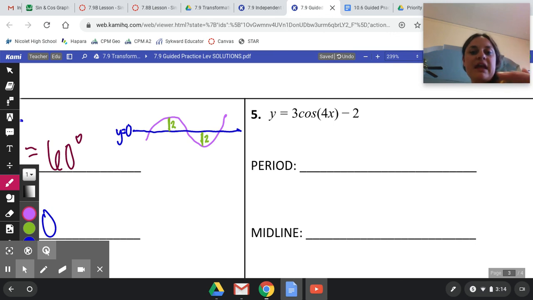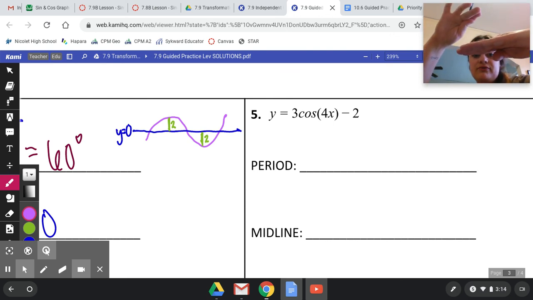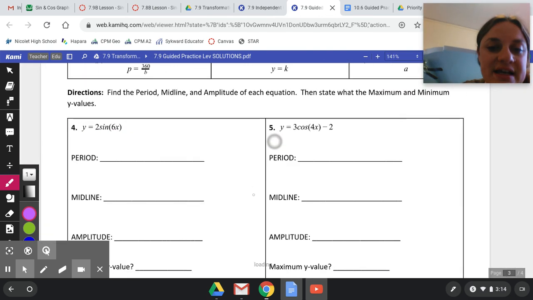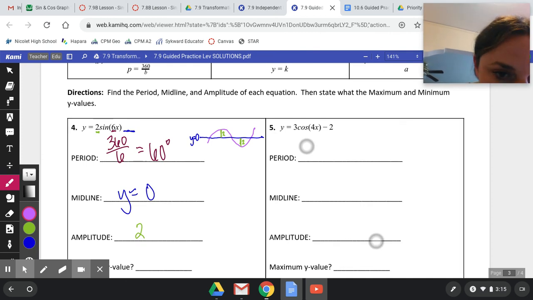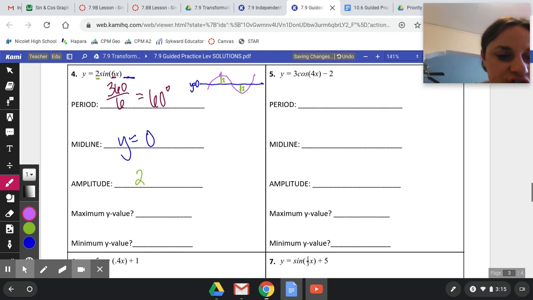So if I think about my midline being at 0 and my amplitude is 2, if I start at 0, I have to go up 2 from that. So my highest y value would be shown over here, and that is just at 2. And then my lowest value, I'm starting at 0 and I'm going down 2 units, so my minimum y value would be -2.